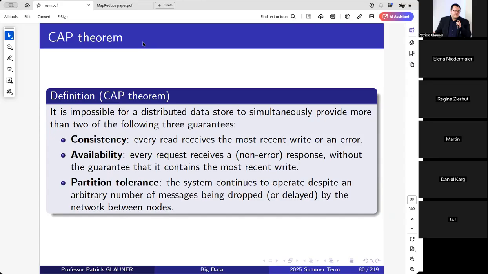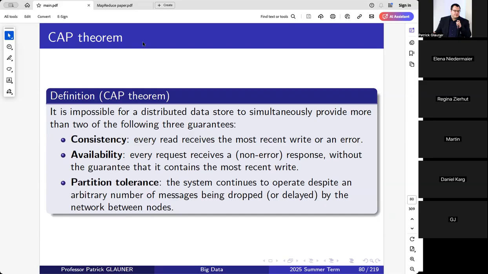So maybe some of the changes you make are available only a few seconds later or a minute later, but that's not too bad. If you click a like, no one cares if it appears 5 seconds later or earlier in the other nodes. So they picked these two guarantees, availability and partition tolerance.